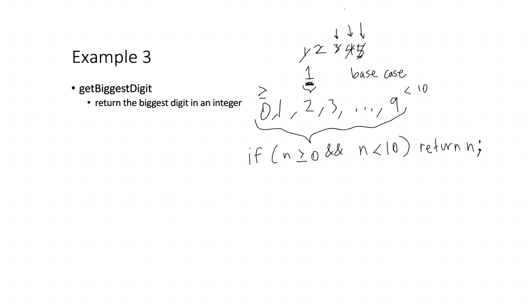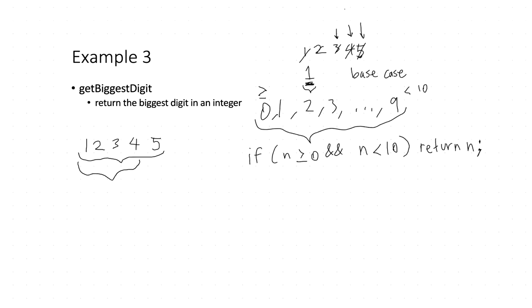So we're working with the original number. If we want to reframe this in terms of recursion, the biggest number in 12345 would also be whichever one is the larger between the biggest digit of 1234, and 5.